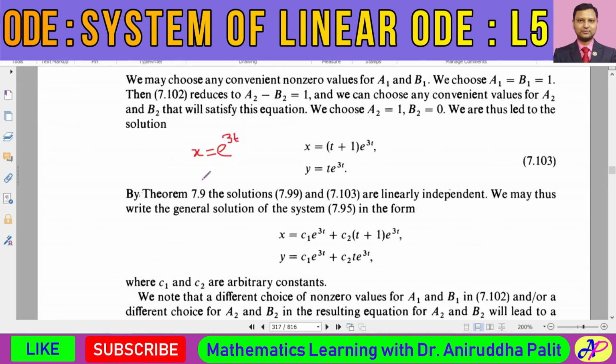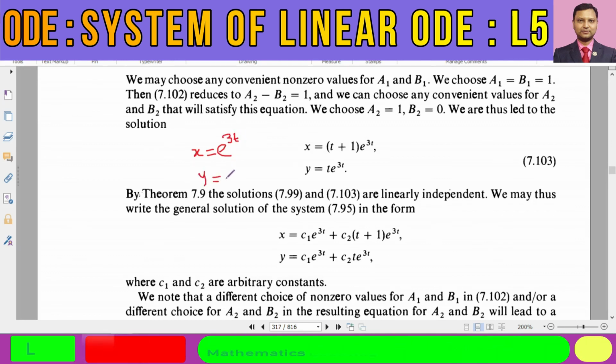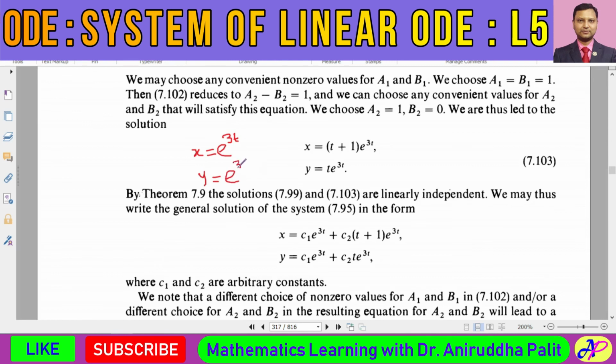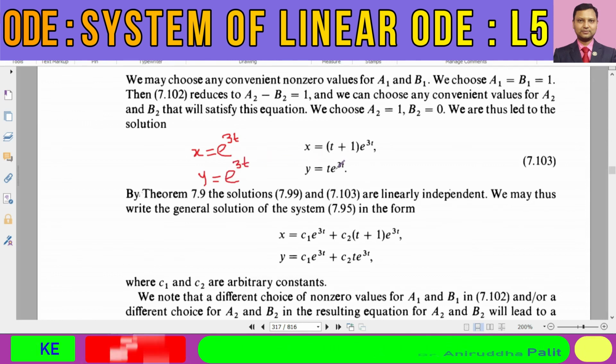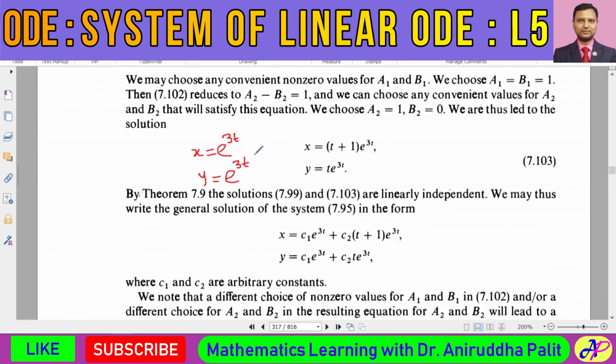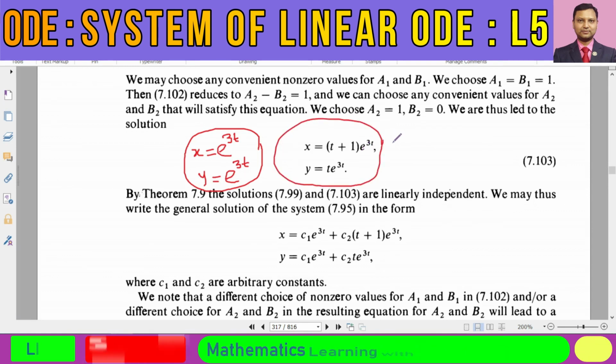That was the first set of solution. And this is the second set of solution of x and y.